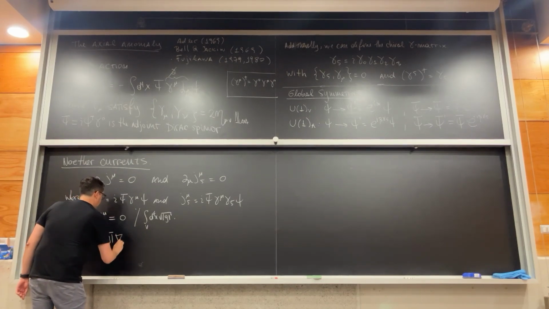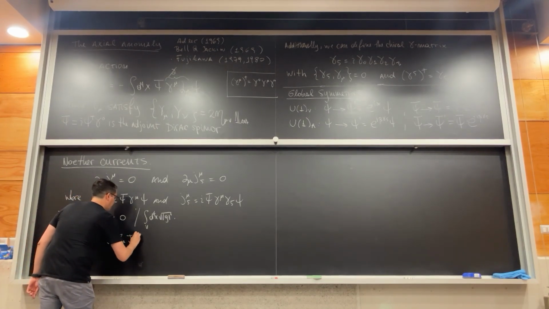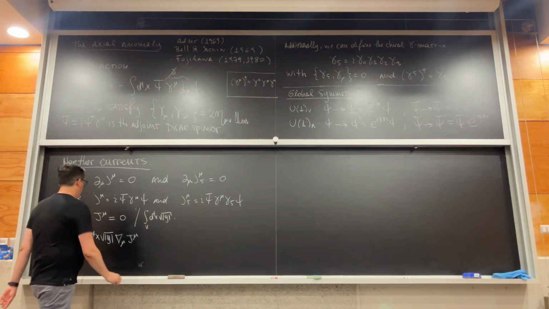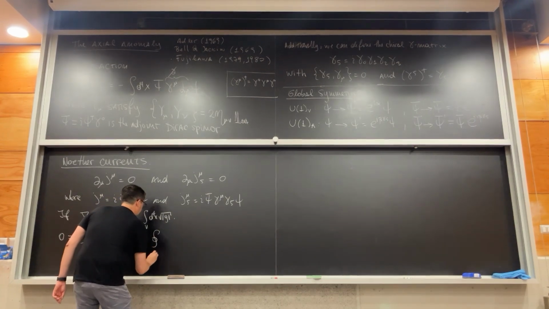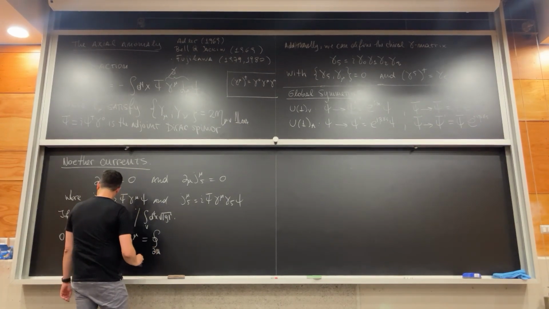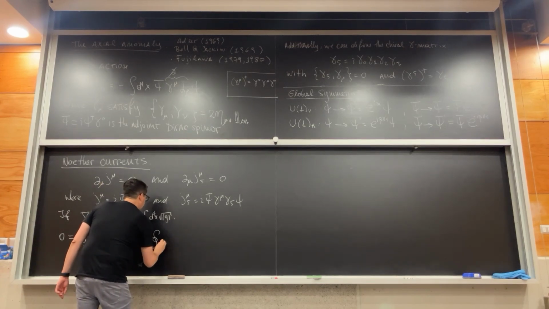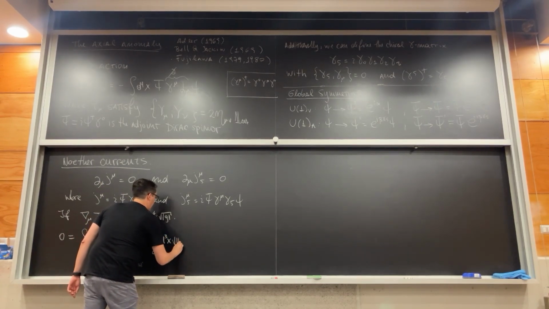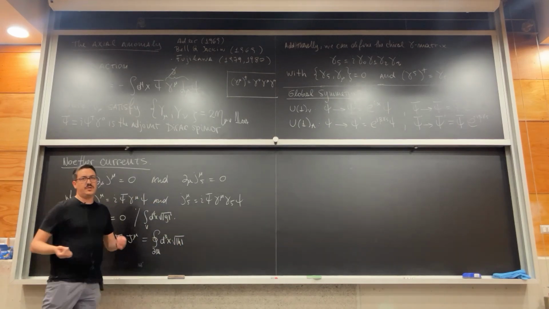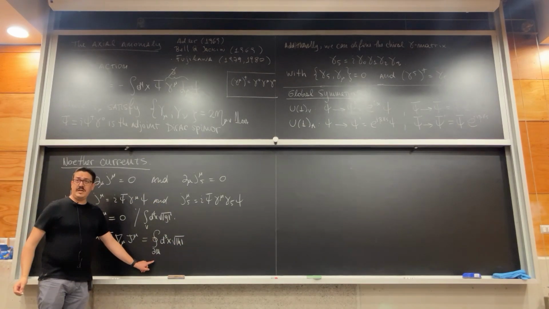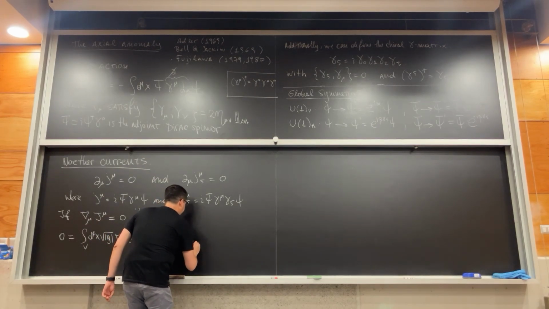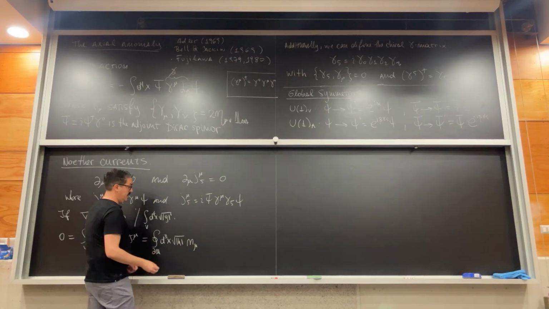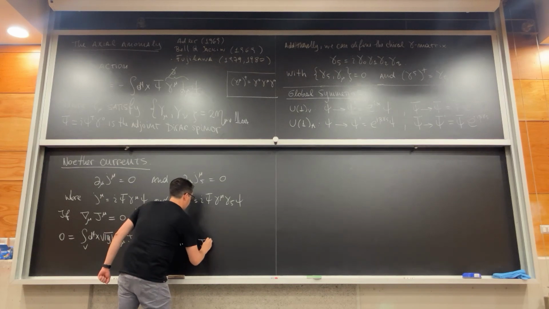And you can use the Stokes theorem to write this in the following way, as an integral over the boundary, d³x √h, where h is the induced metric on this boundary. You have a normal vector to this boundary, and then J^μ.